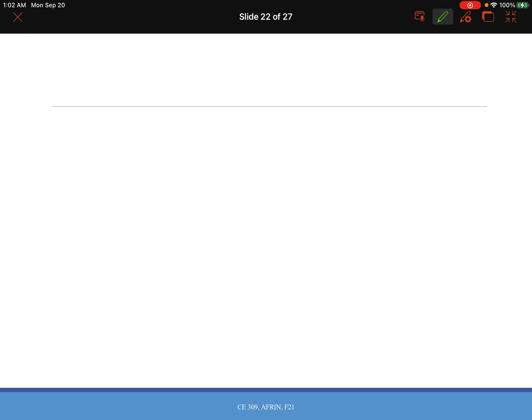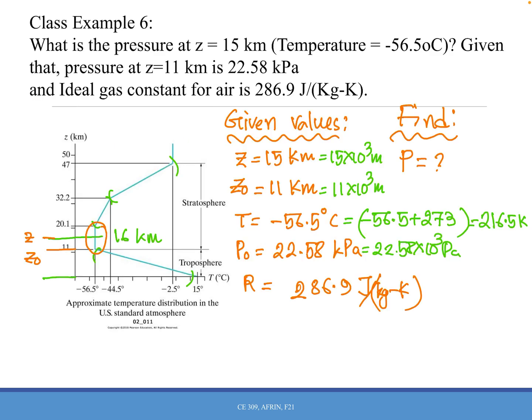So here the solution for compressible gas is P equals P naught times e to the power of negative g over R T times Z minus Z naught. Going to the previous one, the pressure P naught is 22.58 and we need to find the pressure at this point.